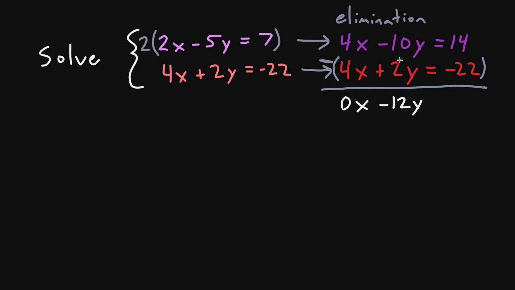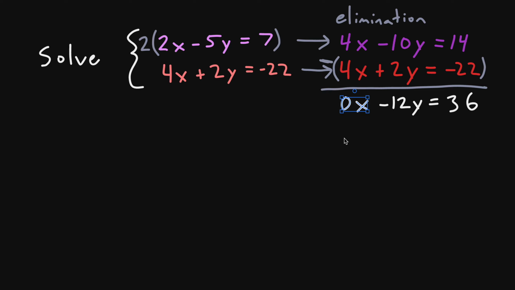Those pluses and minuses can be tricky, so keep in mind it's a negative minus a positive. Negative 10 minus 2 is negative 12. And then over here, positive 14 minus negative 22. Minus negative is the same as plus. So this is 14 plus 22, which is 36. All right. This 0x, well, 0 times anything is just 0.